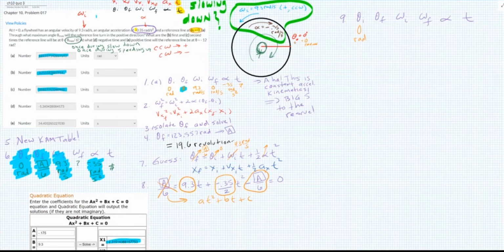So back to the kinematics table. Theta final is negative 12. And I'm going to hit that point twice, at negative 12 radians.